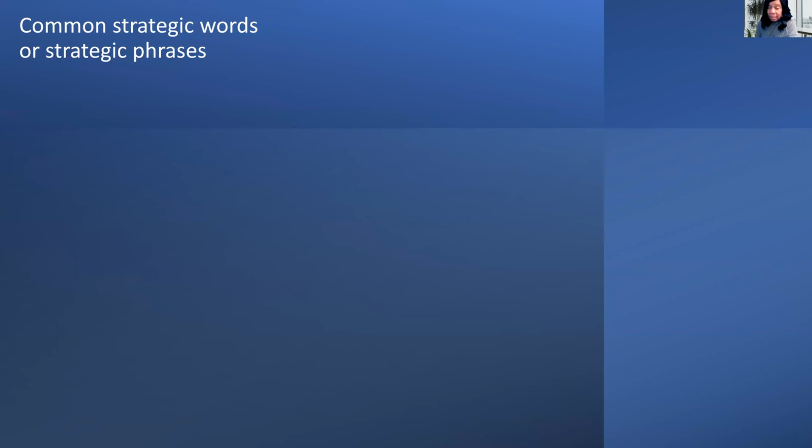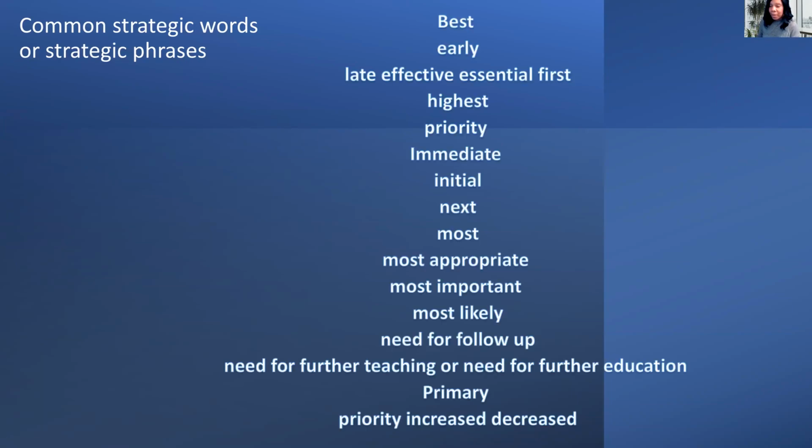So some of the key words that you need to focus on when you're answering your questions or reviewing some of your exam questions: what's best, what's early, late, effective, essential, first, highest priority, immediately, initial, next, most. So many keywords. Most appropriate. And these are not trick questions, because over the years, what we've heard from students is like you're tricking us in these questions.